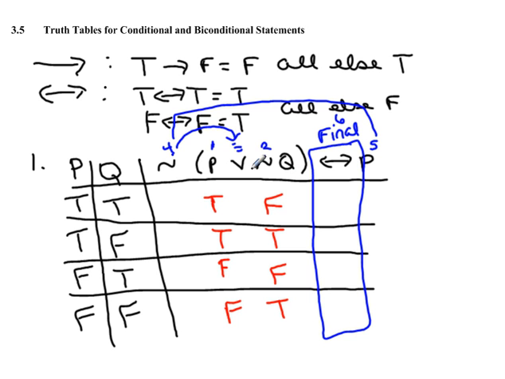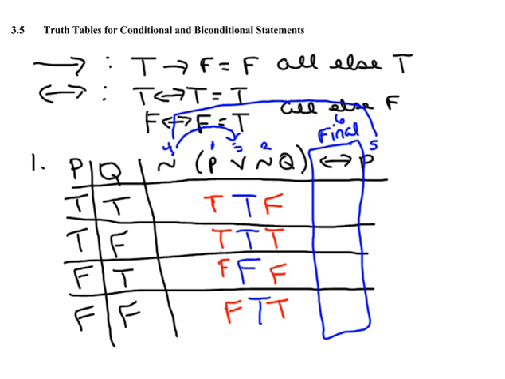The third column is the disjunction. Remember the or song: false or false is false, all else are true. So let me change my pen color. We'll go back to blue here, and let's evaluate the disjunction. So the false or false would be row 3. That's going to be false. There are no others, so the rest are true.